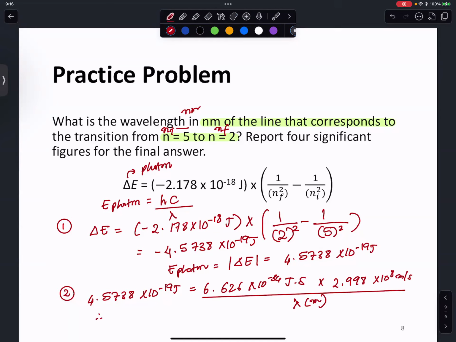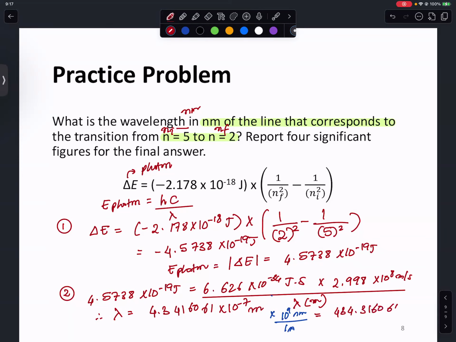And therefore, when I rearrange and solve, I get here 4.34166061 times 10 to the negative 7th meters. All right, and then I want to convert it to nanometers. So I'm going to multiply here by 10 to the 9th nanometers in 1 meter. And this is going to give me 434.316061 nanometers. I want to round now to 4 significant figures, so I can say that this is 434.3 nanometers.